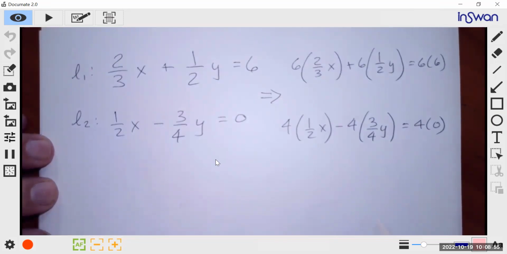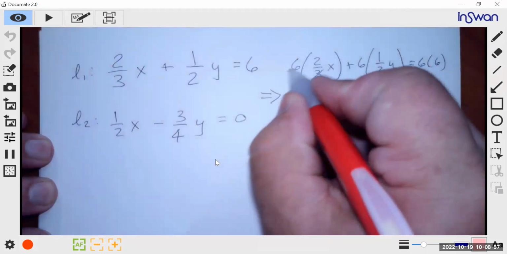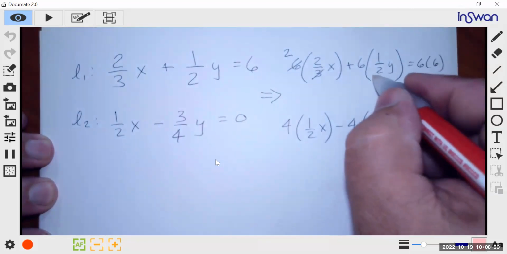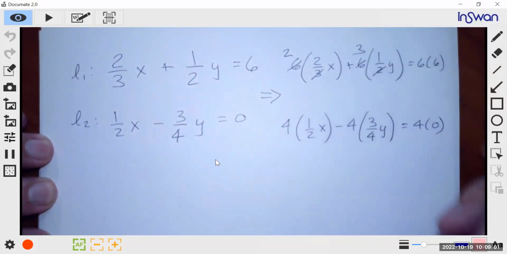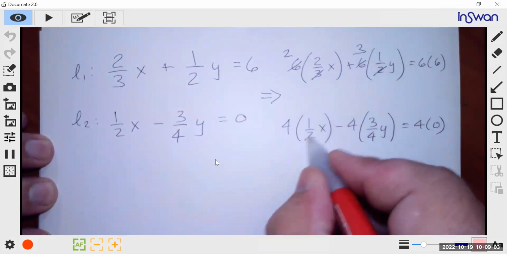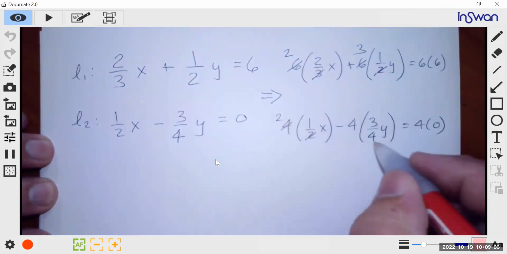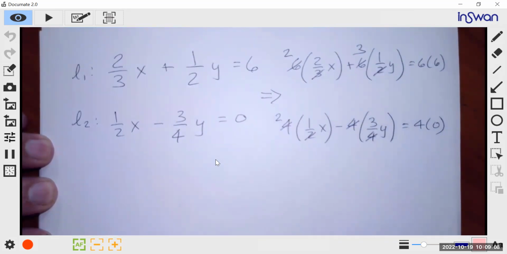We simplify, reduce. So 3 goes into 6 twice. 2 goes into 6 3 times. 2 goes into 4 twice. 4 goes into 4 once. It's gone.